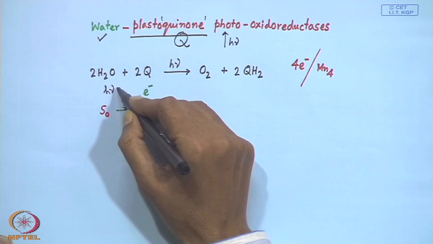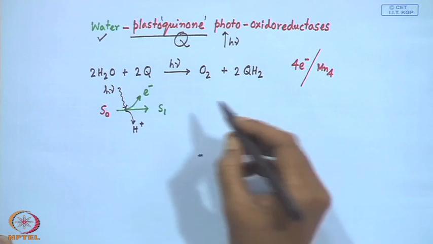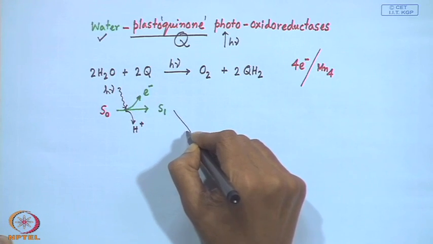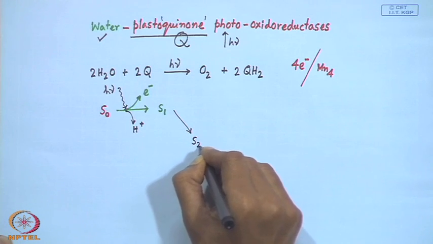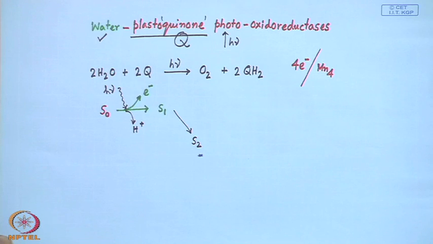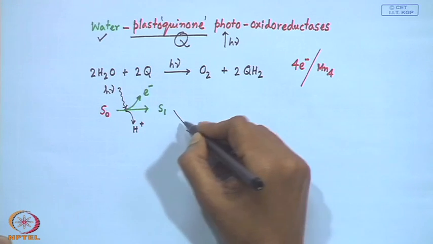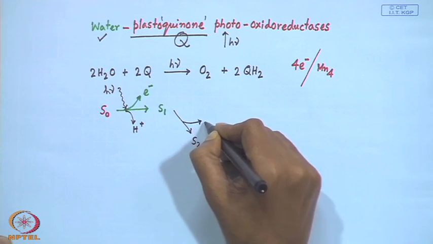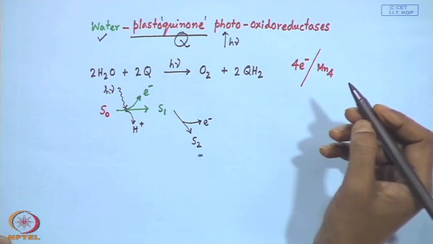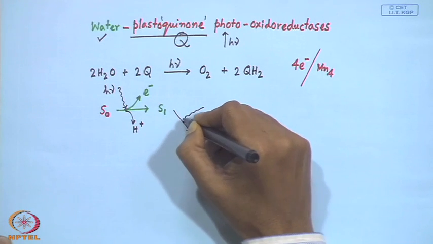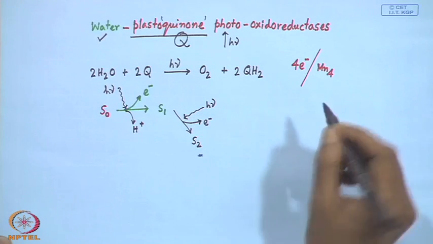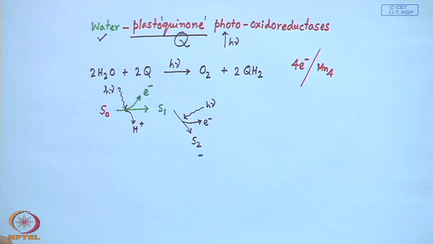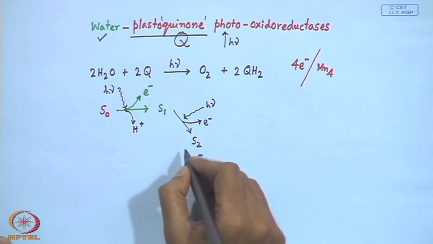At this step you put H nu and you get S1, and in the second step we have another step, that means S2, which is again by loss of a second electron, also triggered by H nu, but no proton loss at this step. So, this can be differentiated from your S1.